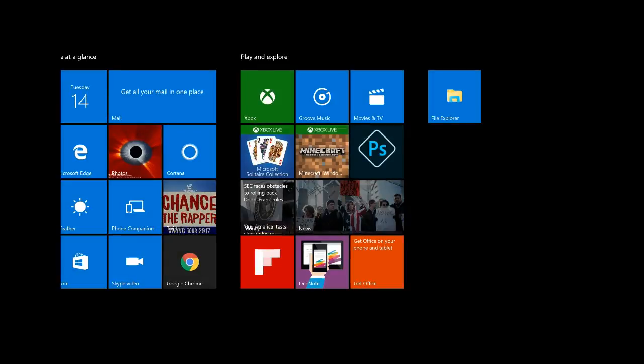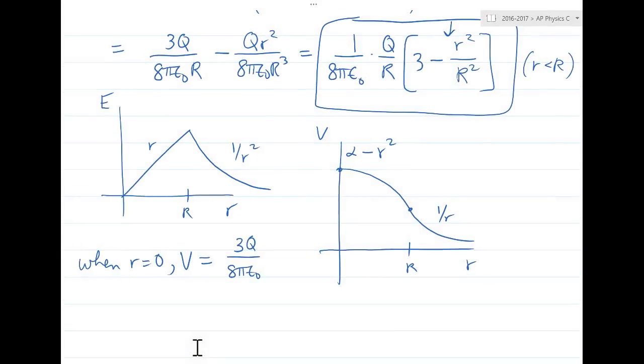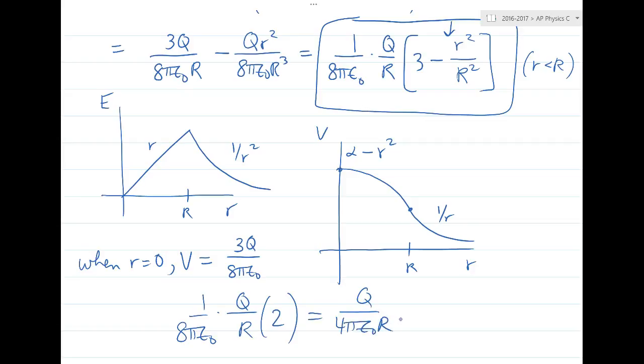Let's try that again. Okay, well, in any case, what we had was 1 over 8 pi epsilon naught times Q over R times 2, because we had 3 minus 1, and that is Q over 4 pi epsilon naught R, which is what we expect for the electric potential when little r is equal to big R.